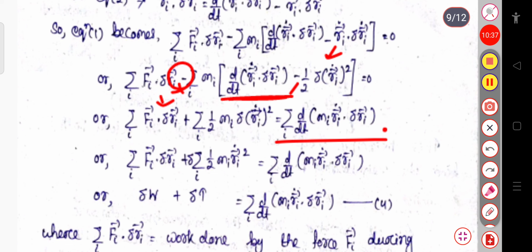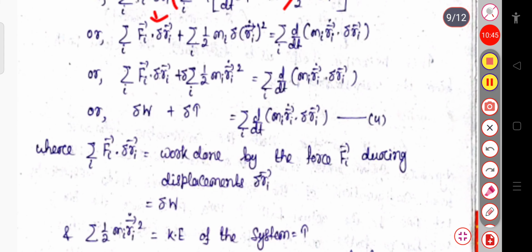Taking this m_i term inside the derivative, since it is a constant there will be no change in this term. Now this term we can write as F_i · δr_i plus, taking the δ out of the summation, δ times the sum over i of 1/2 m_i r_i dot squared, equal to the sum over d/dt.